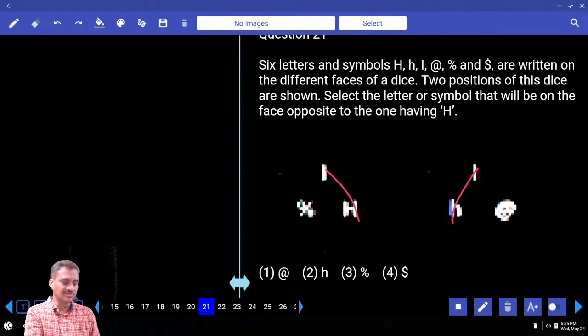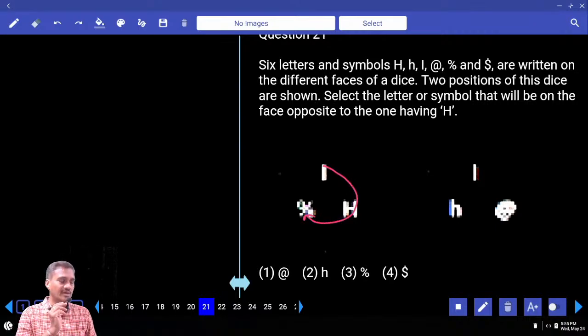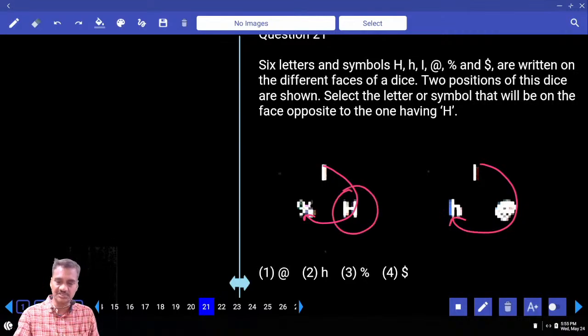Then which is opposite to capital H? I, H and percentage were in the clockwise direction. Here I, at the rate of, and H were in the clockwise direction. Now which two are opposite to each other? H and at the rate of are opposite.